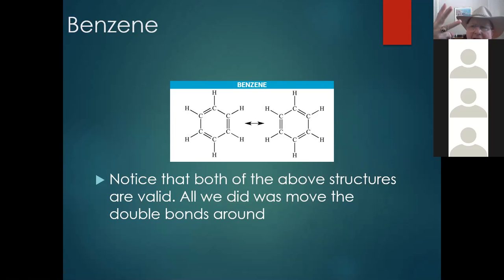If you have 3 clouds, how many atomic orbitals do you need? 3. sp2. Do I have a free p orbital? Yes. So each one of these carbons has a free p orbital sticking up. If that's the case, then the electrons can go back and forth, and I have an electron cloud above this molecule and below it.